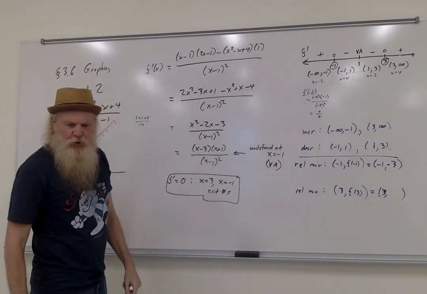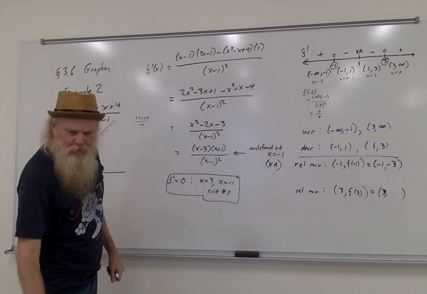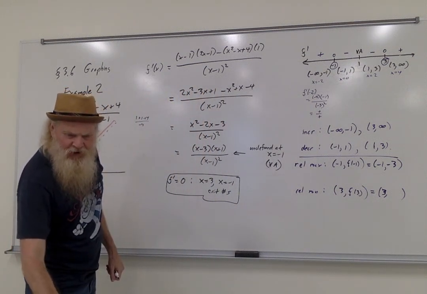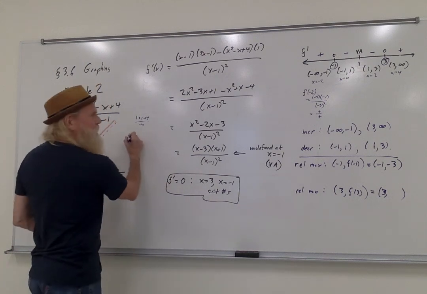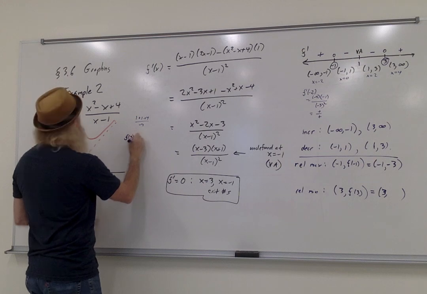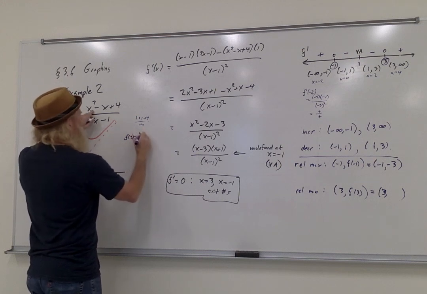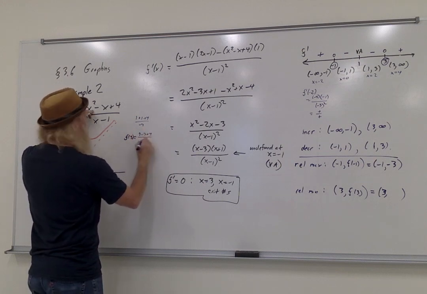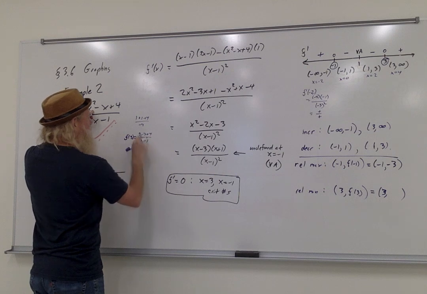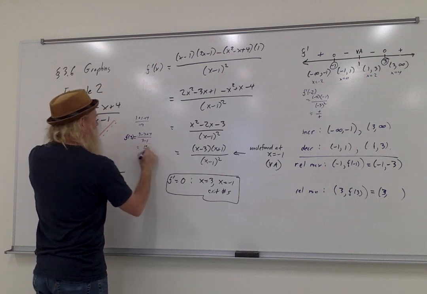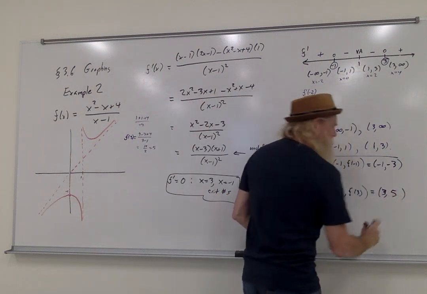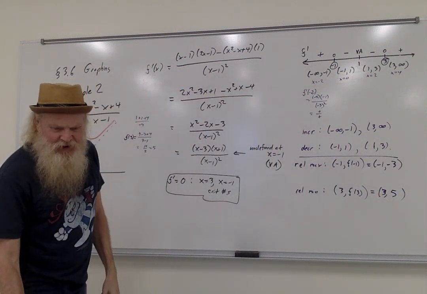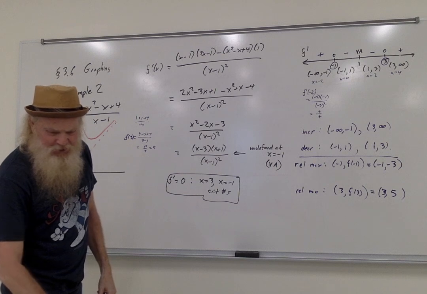And if I substitute 3 into the original function, let's just check it. f of 3 is 9 minus 3 plus 4 over 3 minus 1, which is 10 over 2, or 5. So 3, 5. So let's use that to clean the graph up just a little bit more.